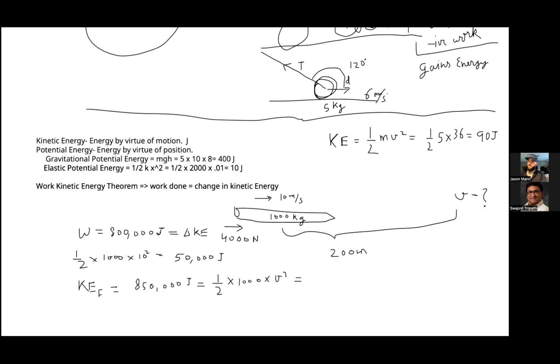All right, so we'll solve for this. 850,000 is equal to 500 v squared.